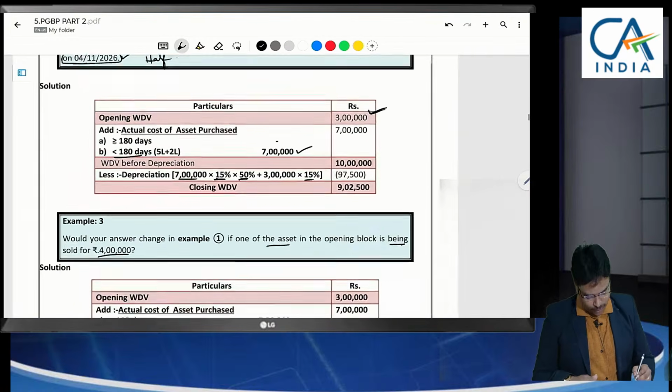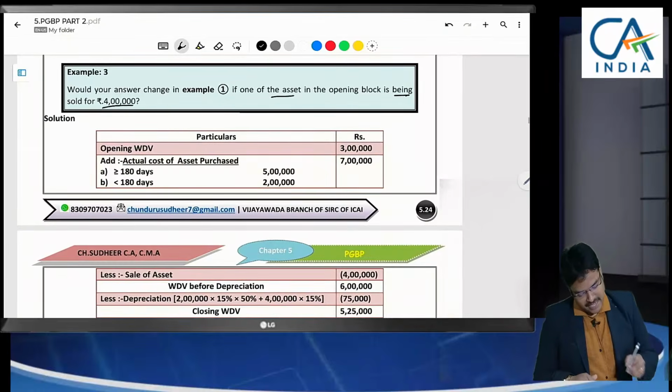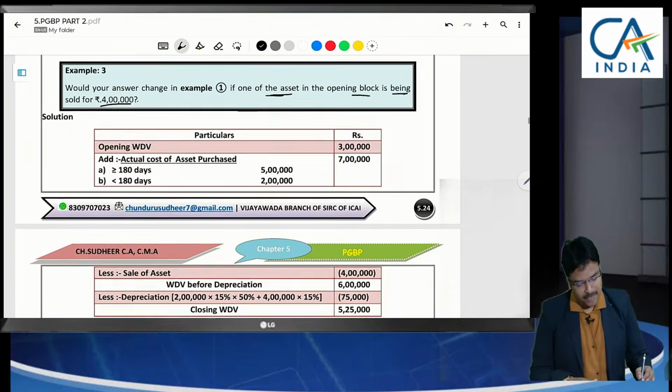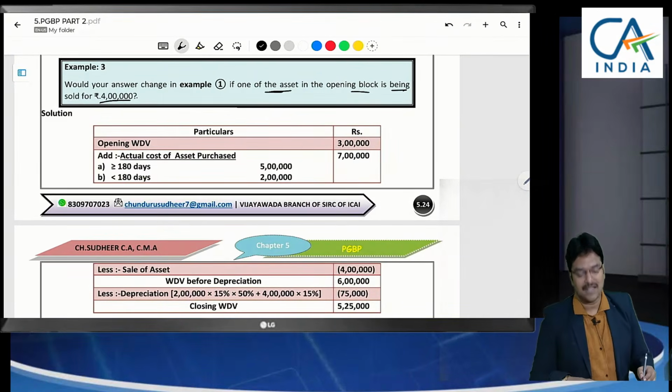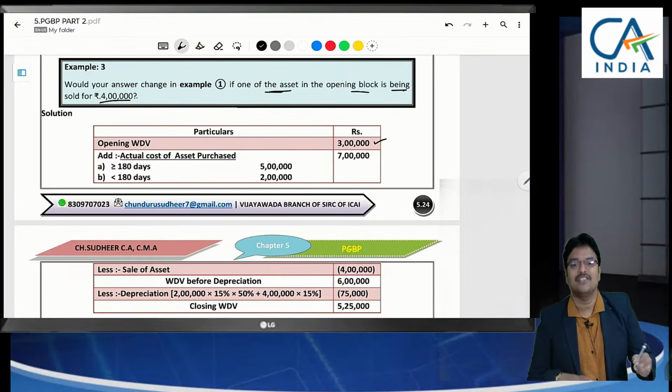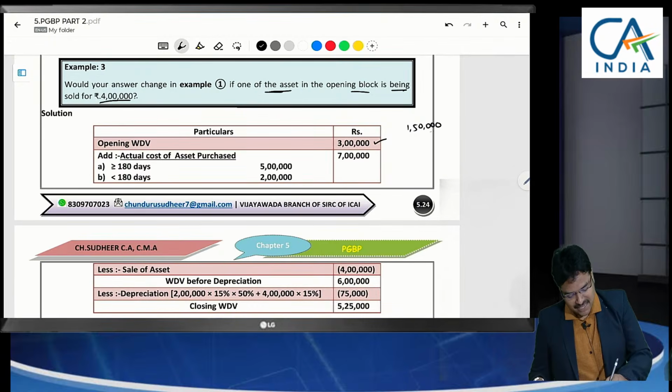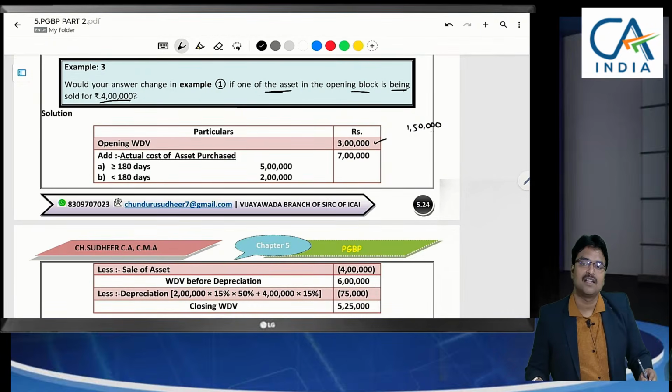That means now total 4 assets were there. Here one of the assets in the opening block itself is being sold for 4 lakhs. Opening block value is 3 lakhs. Can we say that each asset value is 1,50,000? This 1,50,000 asset is sold for 4 lakhs. Can we say 2,50,000 as capital gain? No.